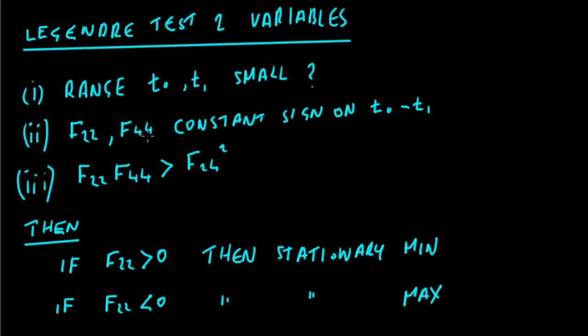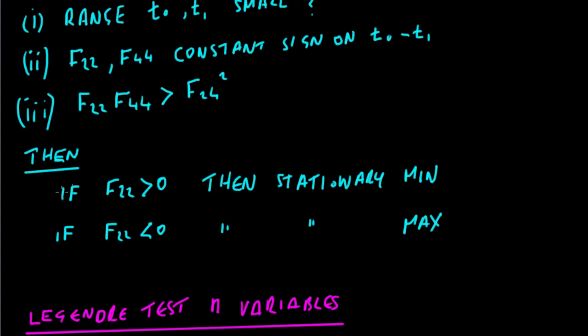Secondly, f22 and f44 have to be of constant sign on the interval t0 to t1, and f22 times f44 has to be greater than f24 squared. If that is the case, then if f22 is greater than 0, the stationary value will be a minimum, and if f22 is less than 0, the stationary value will be a maximum.